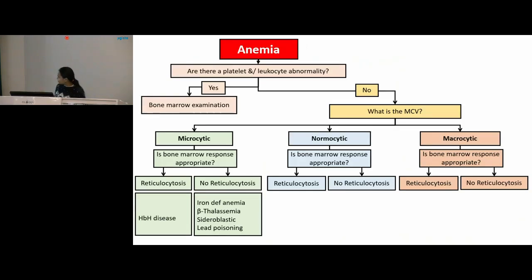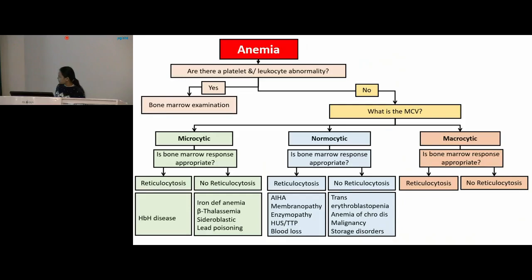If you have a normocytic anemia with reticulocytosis, all the immune and non-immune mediated hemolysis will usually be normocytic with elevated reticulocyte count. No reticulocytosis would usually be seen in conditions like transient erythroblastopenia of childhood, anemia of chronic disease, or malignancies.